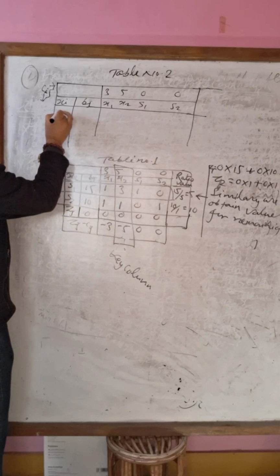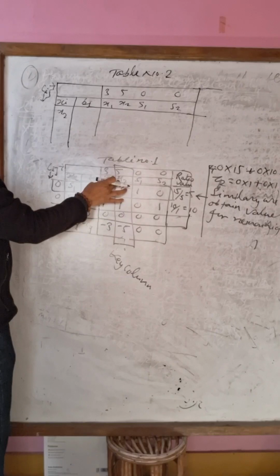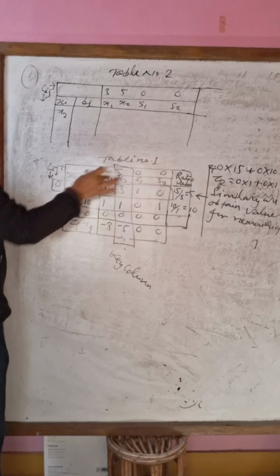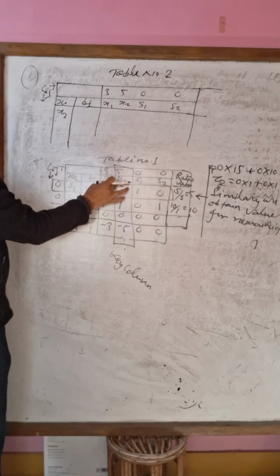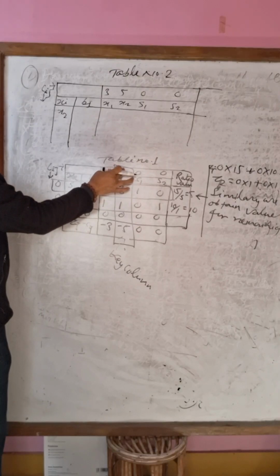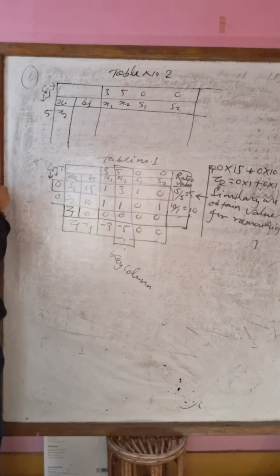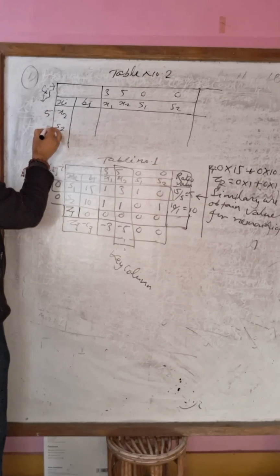Here the key column indicates that we should replace s1 by x2. So we write x2, and bring its coefficient together with it: 5. The next one is as it is, s2 and 0.